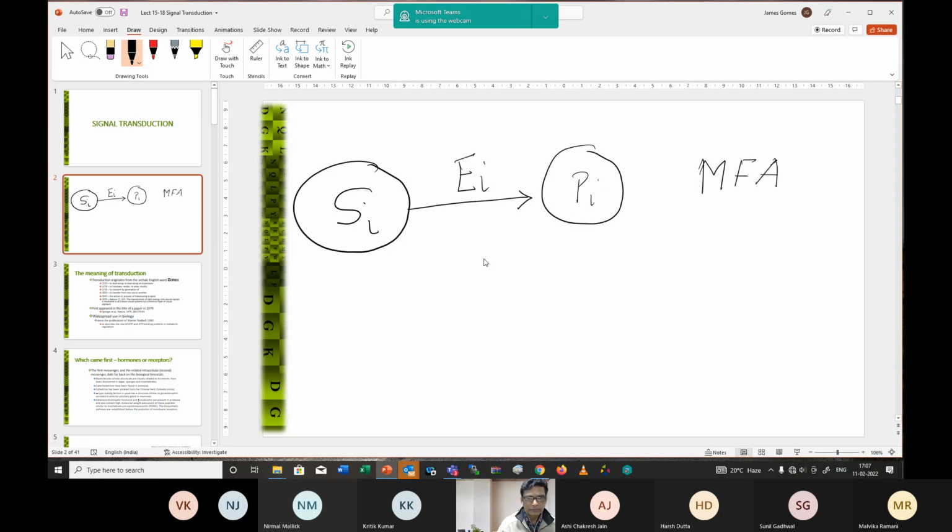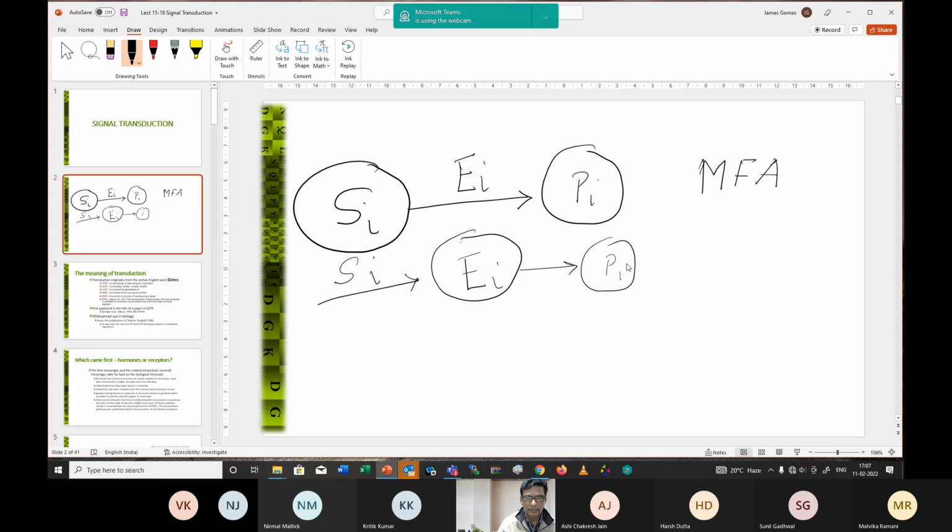And when you're looking at the other systems biology approach that we talked about, in that case you have some substrate that is feeding into a node in which you have the EI to give you a product.